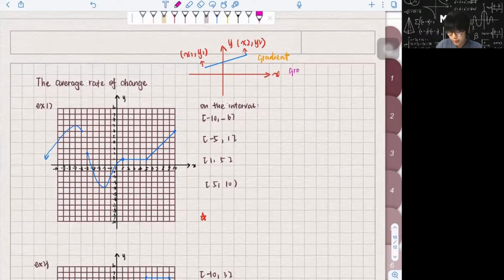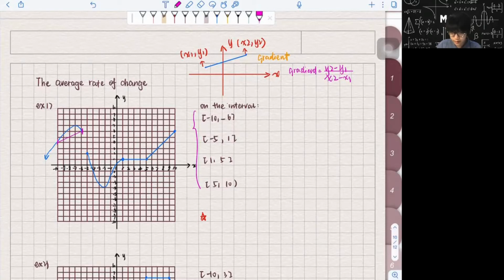Then its gradient equals y2 subtracts y1 over x2 subtracts x1. Now let's try exercise 1. Here we have several x intervals, and we are going to find the average rate of change that matches them, from -10 to -6.